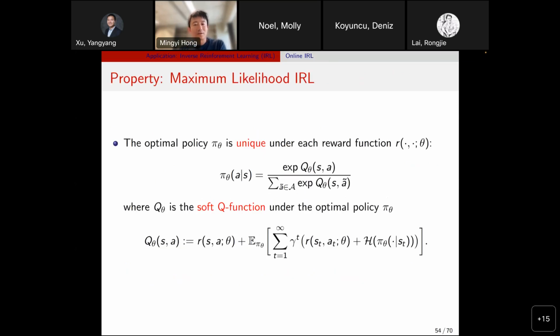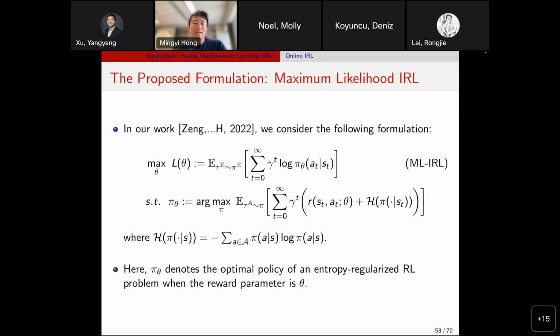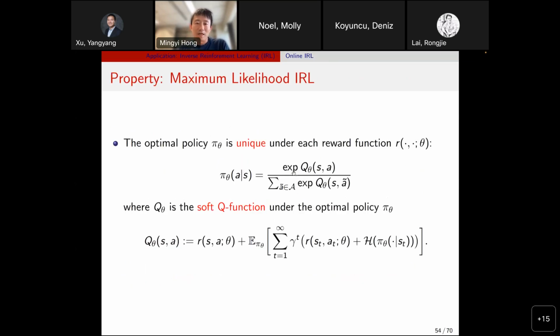It turns out there is some special structure we can utilize for this particular problem. In particular, this policy function has a closed form. Although we cannot really compute it directly because the Q function itself has to be derived recursively, you have a more or less closed form solution.